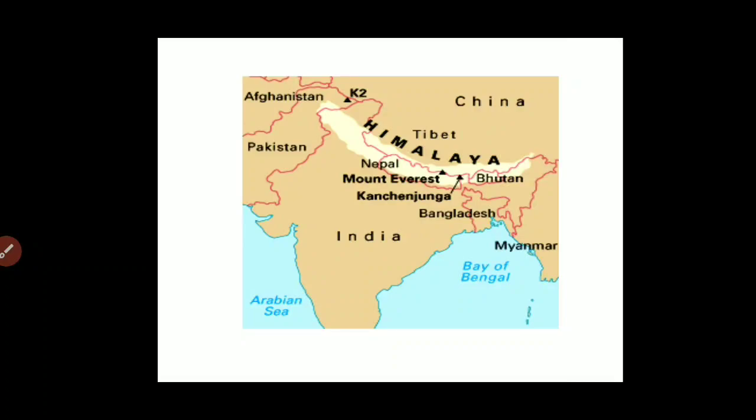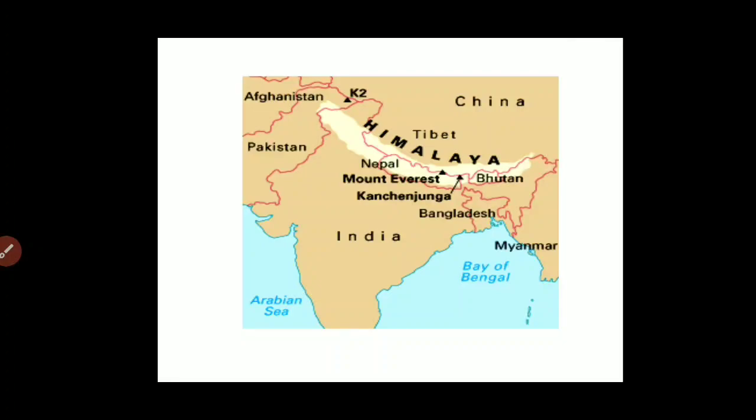Then at the bottom of the hills that are covered in the Himalaya ranges, there is a Gangetic plains, and these plains are formed due to the flow of network of the largest rivers like Ganga, Indus, Brahmaputra.